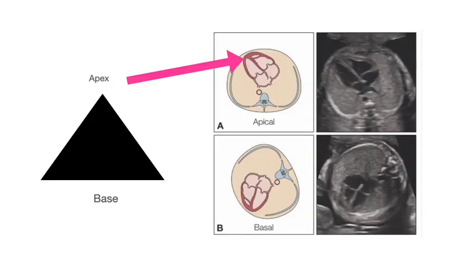All right, now you'll hear the terms apical, basal. As you know, a triangle has a base and it has an apex. And the heart, which is somewhat triangular in shape, the pointy part of the heart is the apex, and anything referring to that is called apical, and anything that's referring to the base is basal.